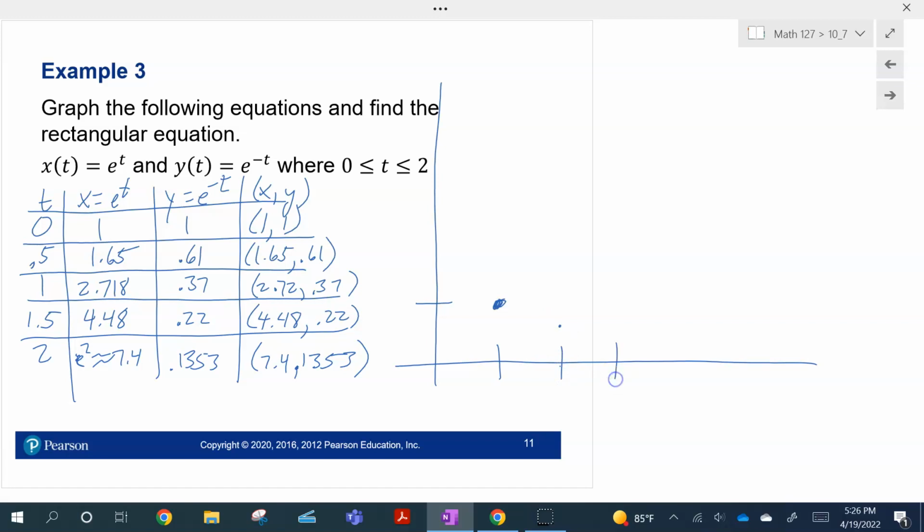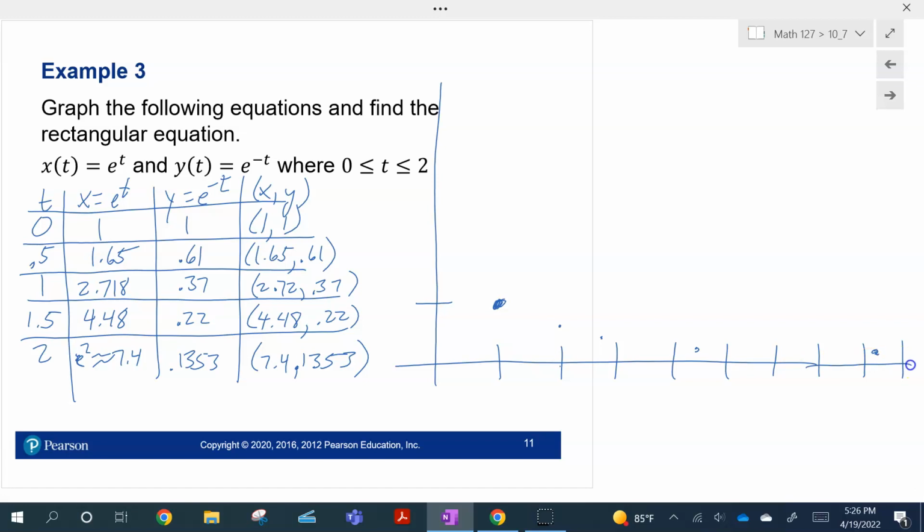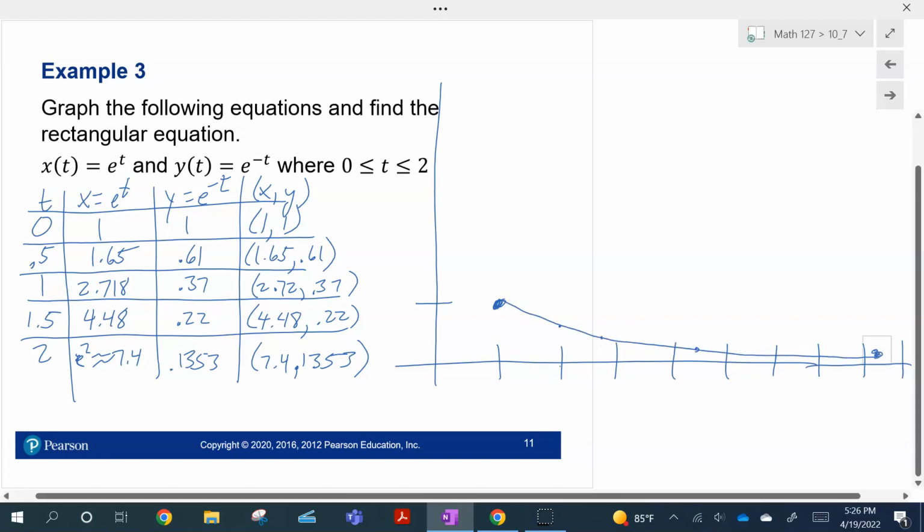I got 2.72, 0.37. 4.48, 0.22. And 7.4, 0.1353. It's going from here and it's ending right above that. I didn't draw that very well. It's a little lower than that, but right there, right?